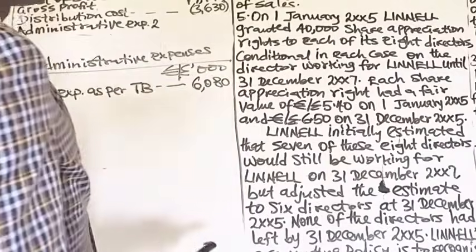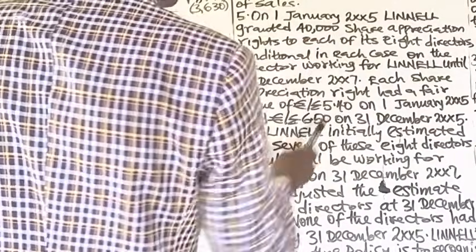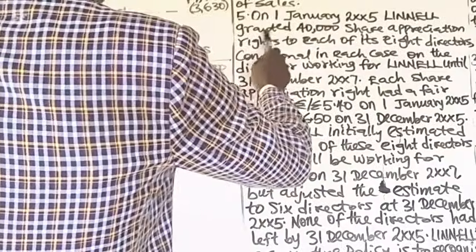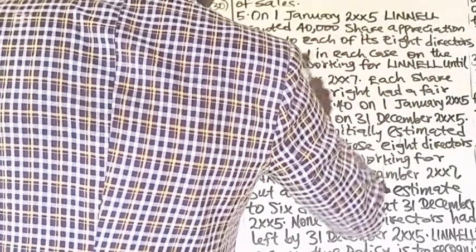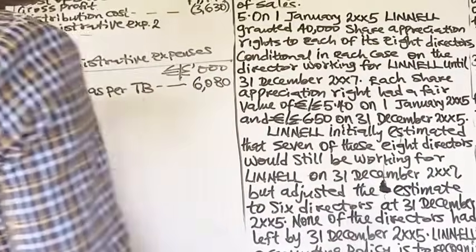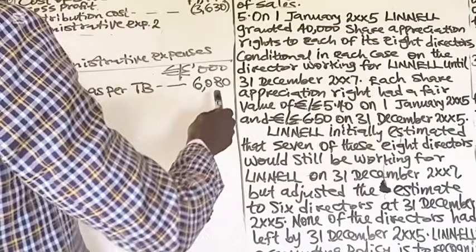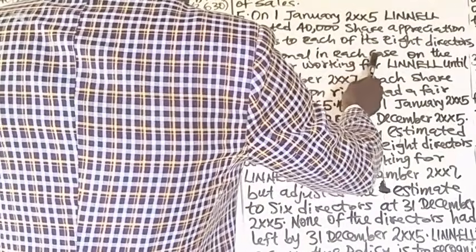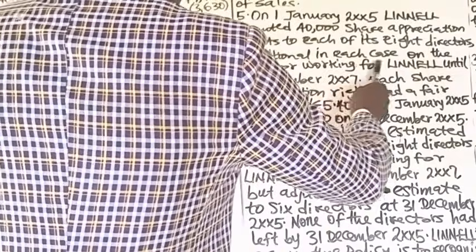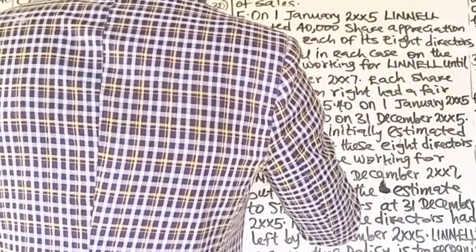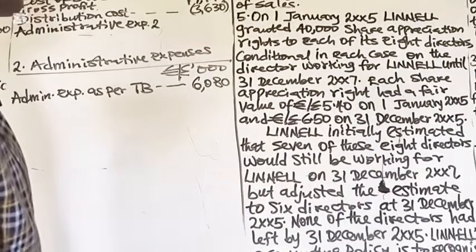Note 5. On 1st of January 20X5, Leland granted 40,000 share appreciation rights to each of its 8 directors, conditional in each case on the director working for Leland until 31st of December 20X7.